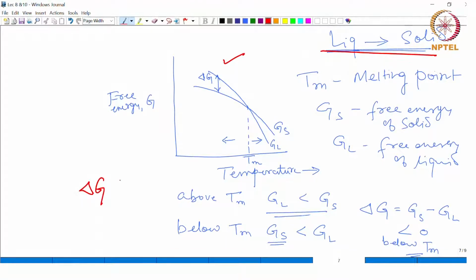This delta G becomes negative, because below the melting point, as you can see from here, the free energy of the solid, that is G s, is less than that of the liquid, which is G L, right. And as a result of that, delta G becomes negative, and as a result, the liquid transforms to solid.